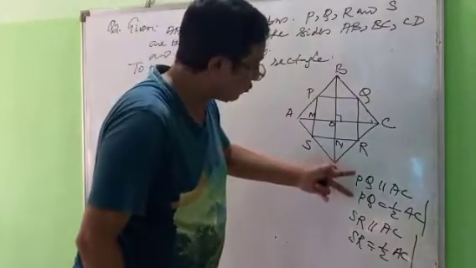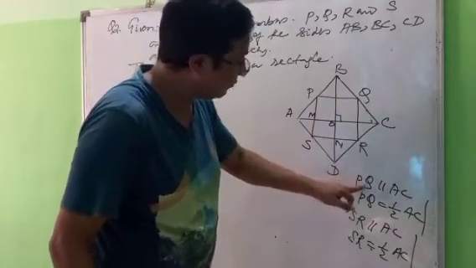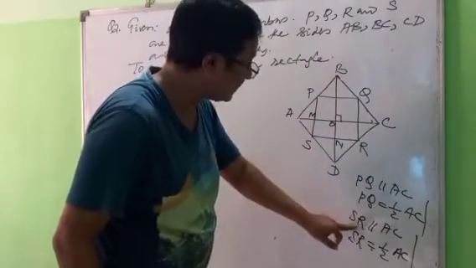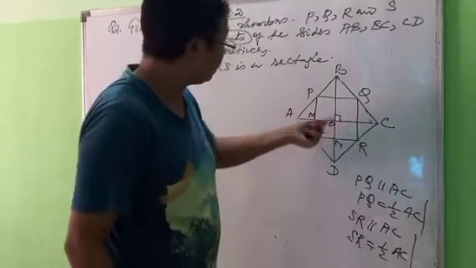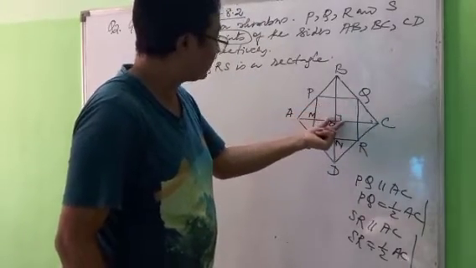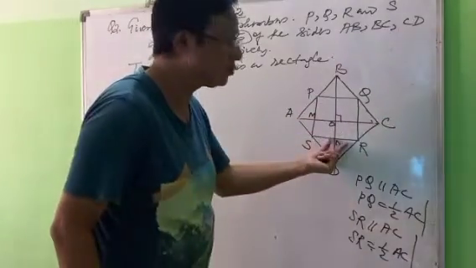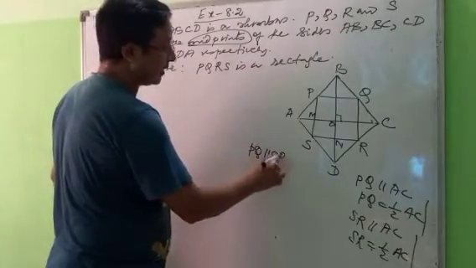So you compare this 1 and 2. From 1 and 2 you will get that PQ is parallel to AC, SR is parallel to AC. So that means PQ is parallel to AC, SR is parallel to AC. That means PQ is parallel to SR. So you got PQ is parallel to SR.